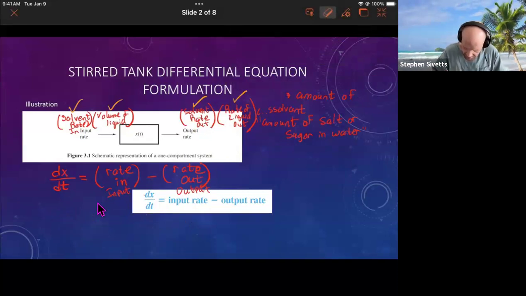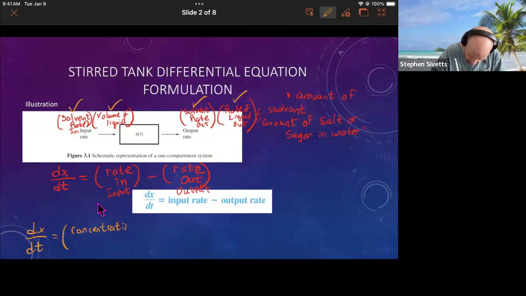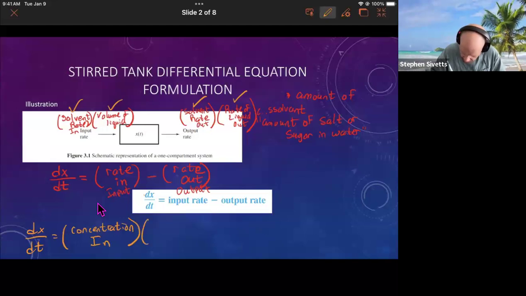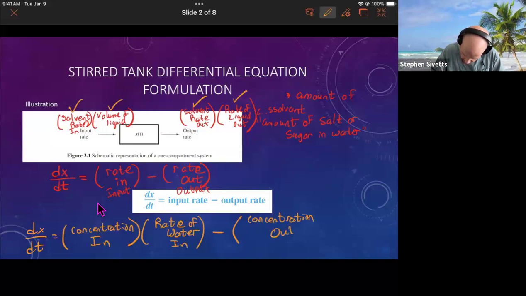So essentially, dx dt is the input rate minus the output rate, and in particular, this should be the concentration of the liquid that's going in times the rate of the water that's going in, minus the concentration going out of the tank times the rate of the water that is going out of the tank, right?